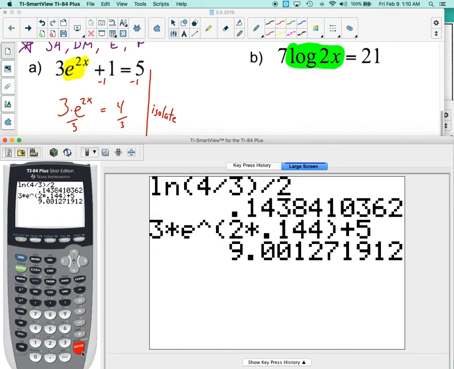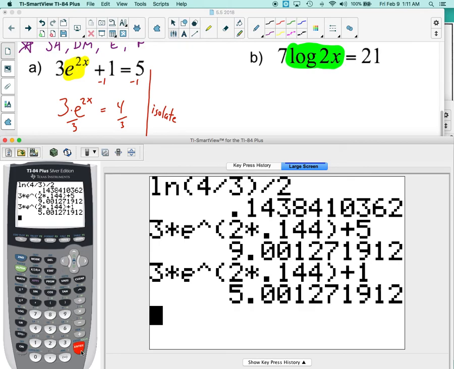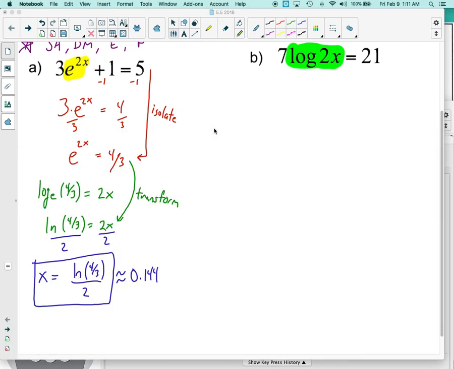And I didn't, because I added 5 instead of adding 1. Good job, Mr. Baker. So let's try that again. Let's add 1 this time, not 5. Should get something close to 5. There we go. We get something close to 5. And now that's on the internet forever.